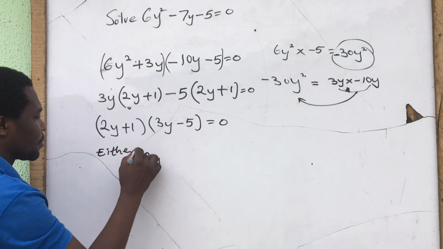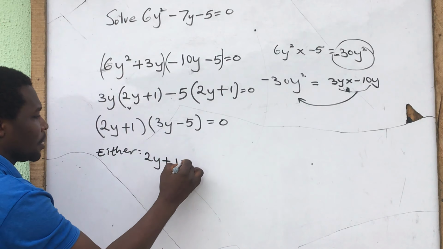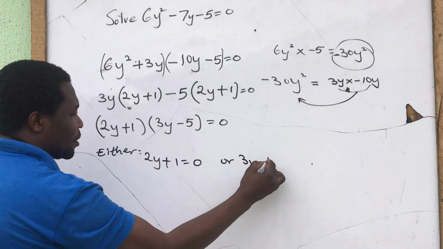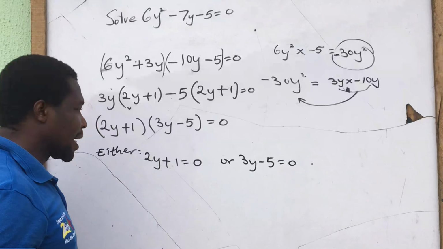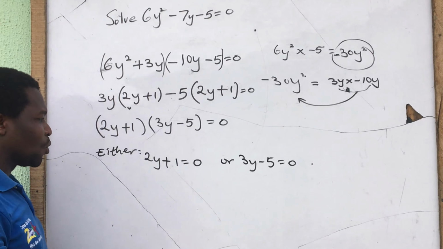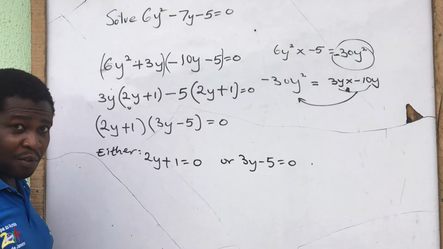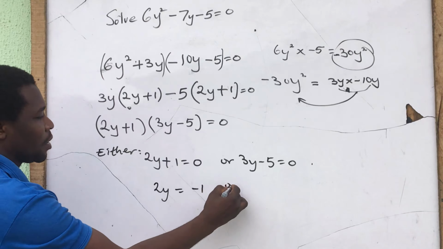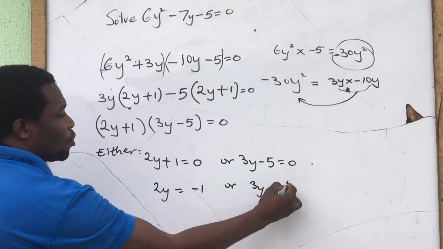So therefore, either 2y plus 1 equals 0 or 3y minus 5 equals 0. The next step is to make y the subject of the formula. So 2y equals minus 1 or 3y equals 5.